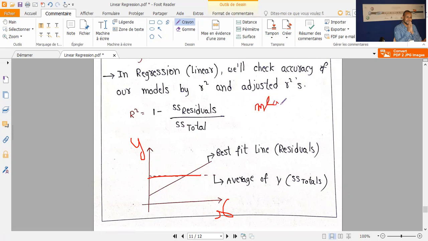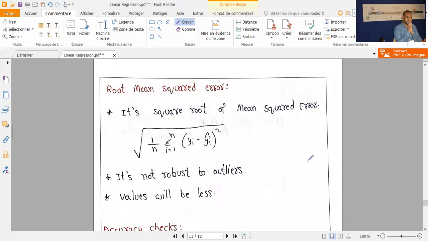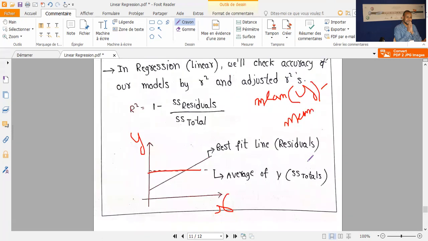My writing is bad, I'm so sorry if it's not clear. So the mean of y minus the mean of this line, the fitted line here.